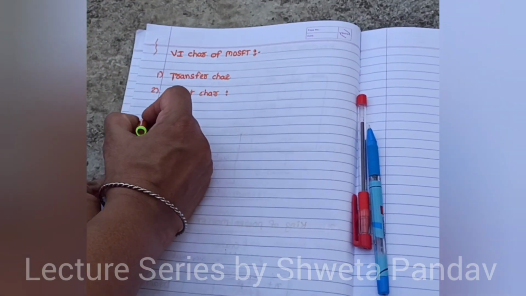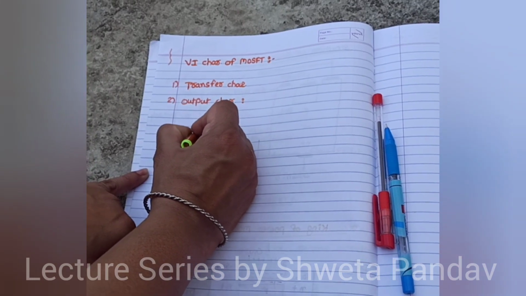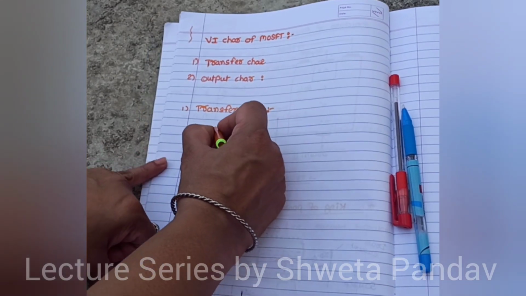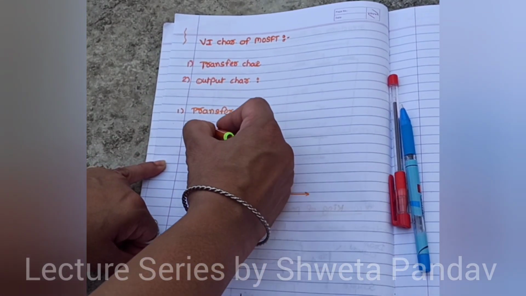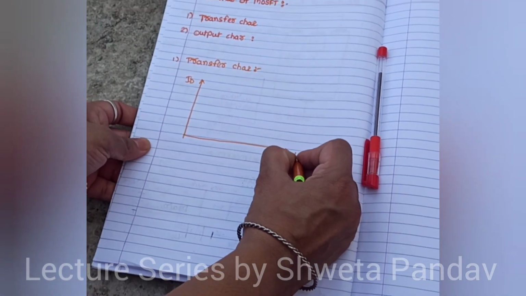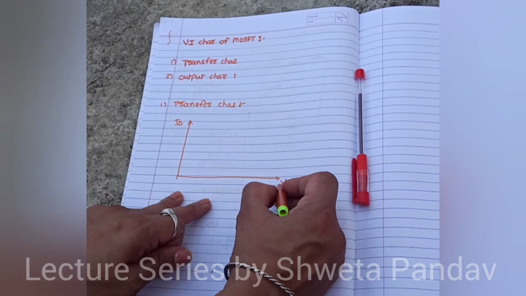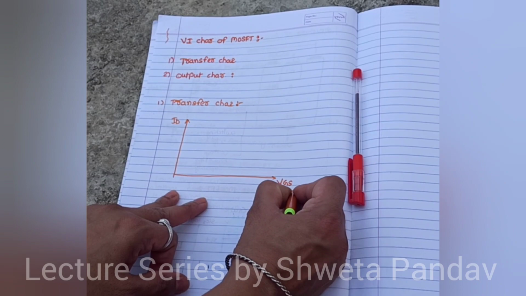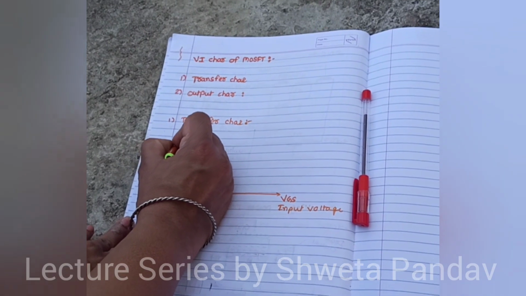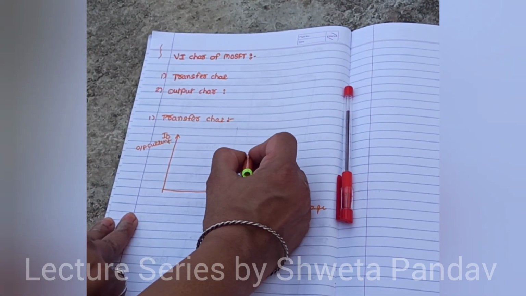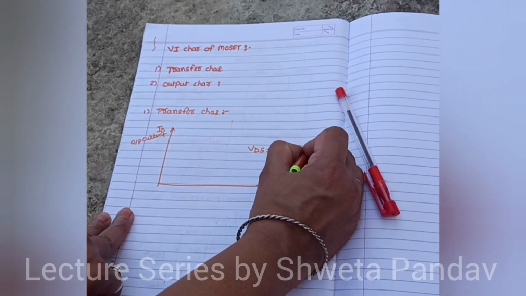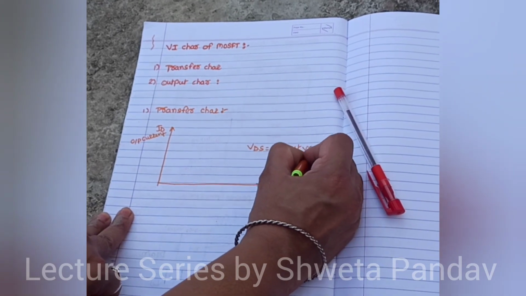Now very first, what is transfer characteristic? If I draw a graph of drain current on the y-axis and gate to source voltage on the x-axis, suppose VGS is the input voltage on the x-axis and output current on the y-axis, making output voltage VDS constant.